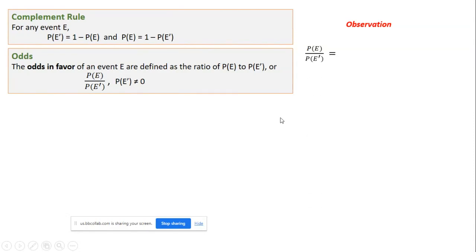So let's look at some observations here for these odds. The probability of the event is still the number of outcomes in the event divided by the sample space, and the probability of the complement follows the same suit. It's the probability of the complement divided by its sample space.